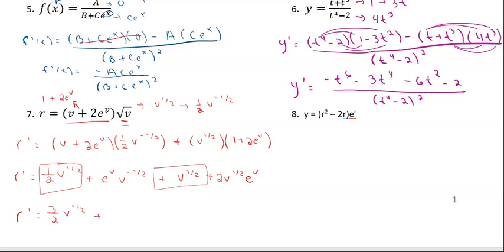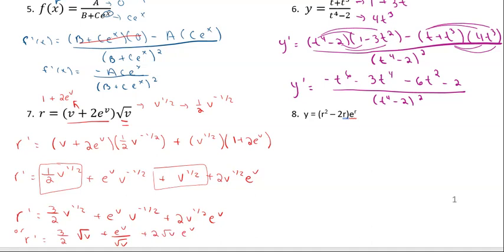And then we have e to the v, v to the negative 1/2, and 2v to the 1/2 e to the v. If you prefer to leave it with the square root notation, you can, and that will look like 3/2 square root v plus e to the v over square root v plus 2 square root v e to the v. Either way is just fine.